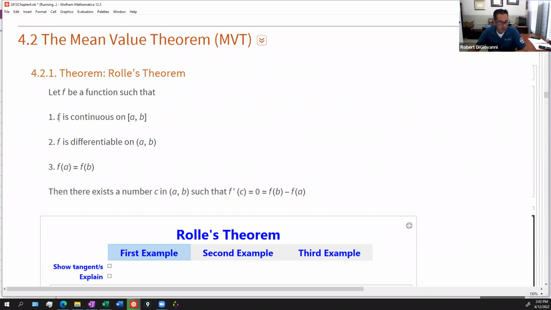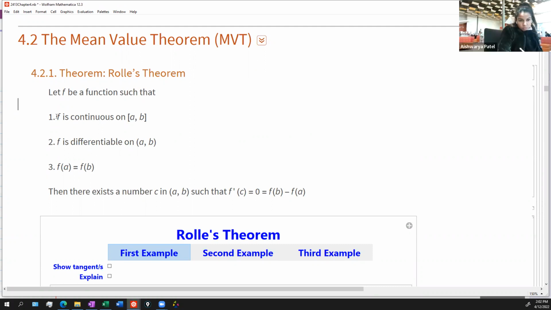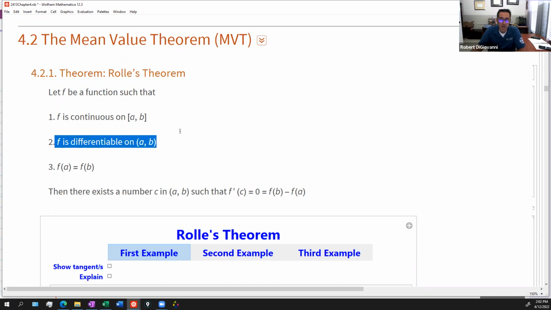Okay, so we have a function that starts at some point A, ends at some point B, and we can draw a curve between the 2 points without picking up our pencil. All right, so let's say we start with that. Then I tell you that the function is differentiable, which means that everywhere inside that interval, you can actually take the derivative, meaning we don't have any jumps or breaks.